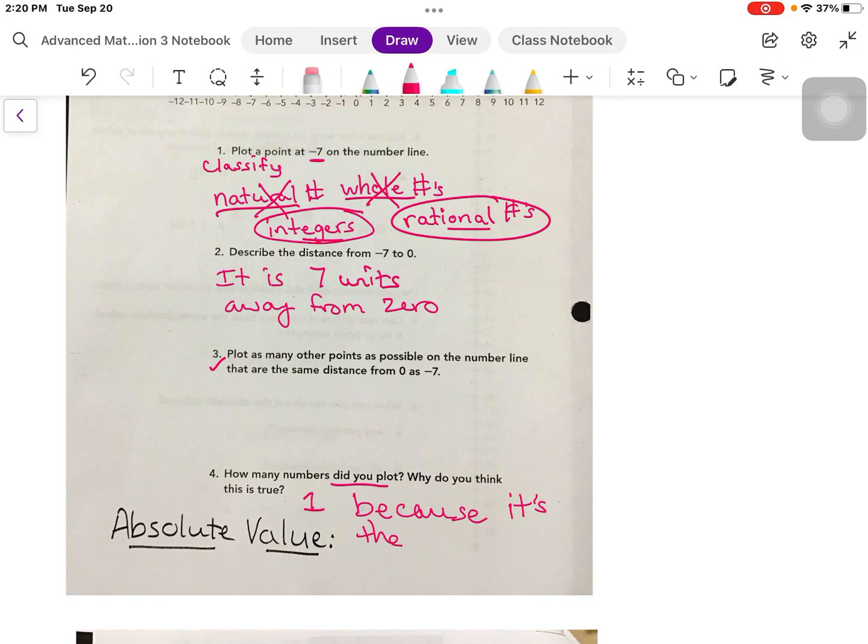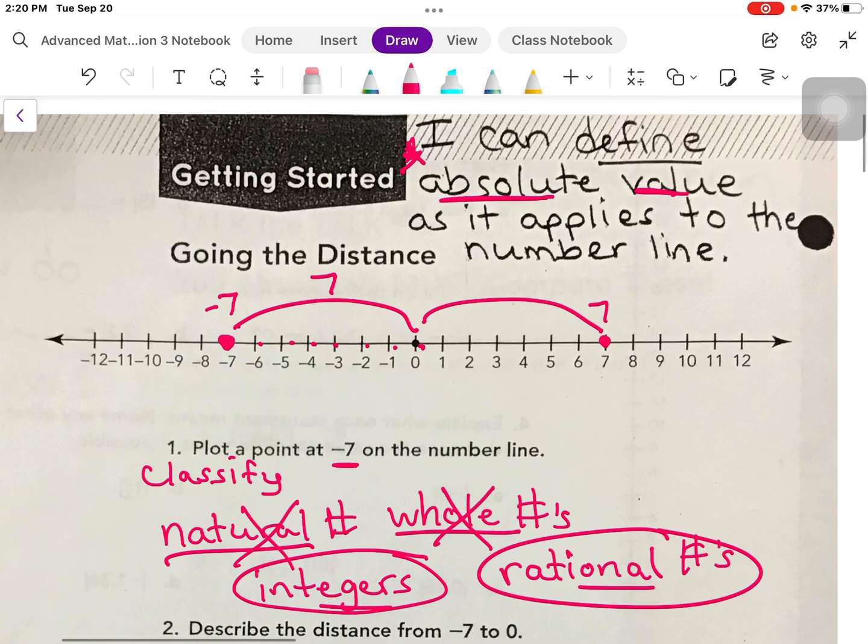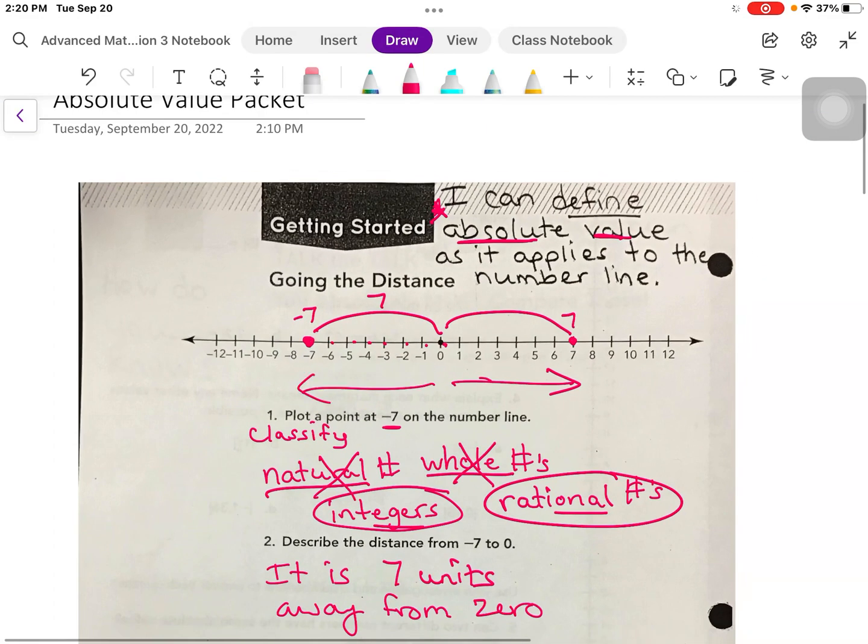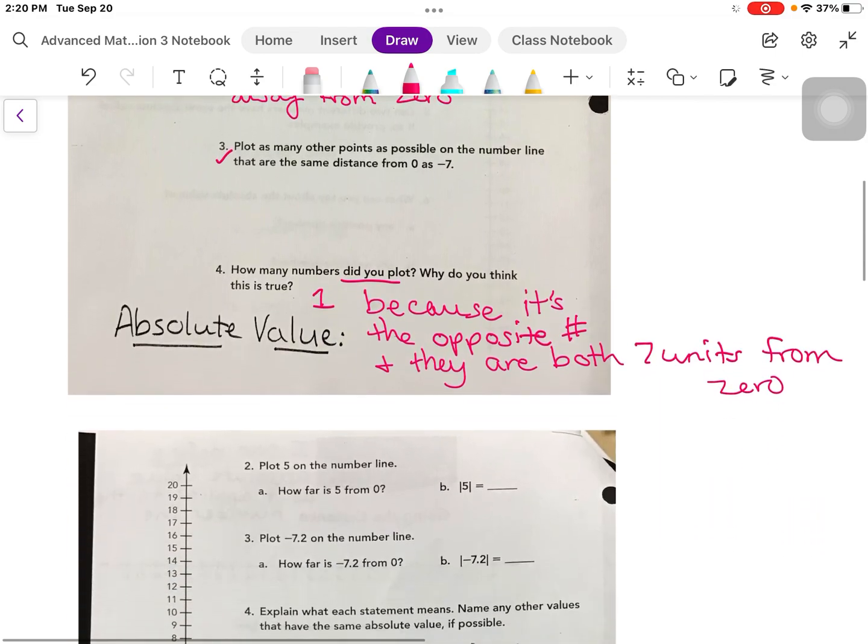It's the opposite number and they are both seven units from 0. Those are the only two that will ever be 7 units from 0. One on the left-hand side, one on the right-hand side. So they have the exact same absolute value.